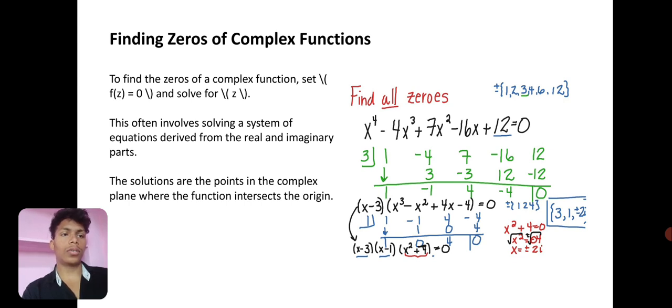Find all zeros of z^4 - 4z^3 + 7z^2 - 16z + 12 = 0. The solutions are the points in the complex plane where the function intersects the origin.